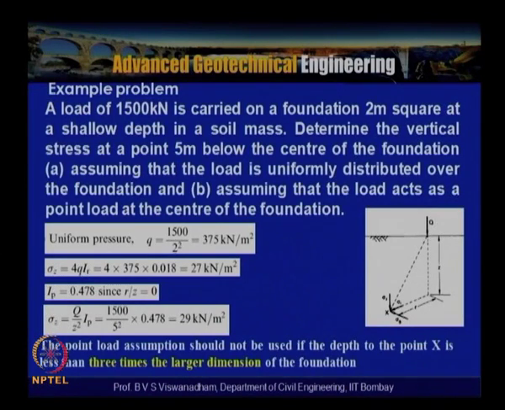And if you multiply the 375 kPa by the area, we get the 1500 kilonewton load. So, first we are assuming a load intensity, the increase in load intensity, of 375 kilopascals, and we need to calculate at a depth of 5 meter below the center of the foundation.